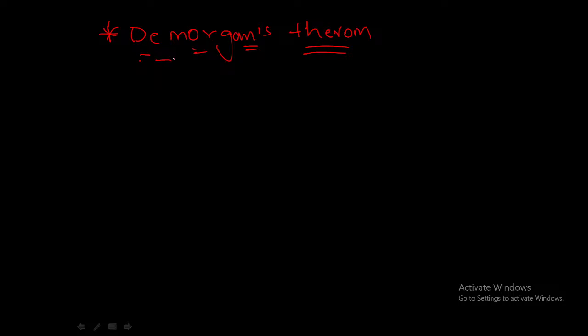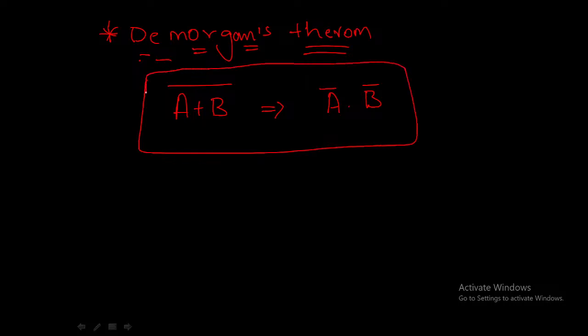Basically, De Morgan's theorem states that if we have two variables, let's say A and B, then (A + B) the whole bar is equal to A bar dot B bar.